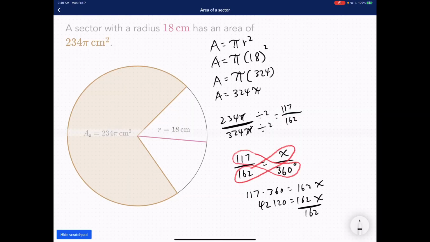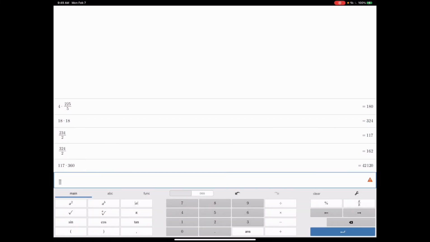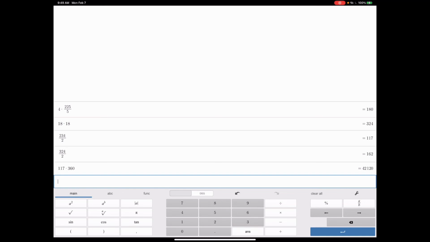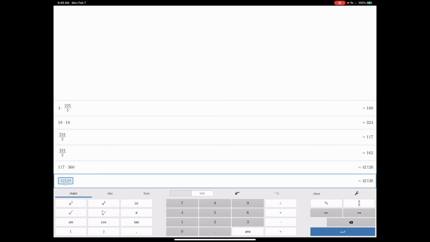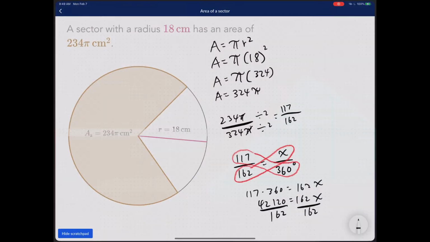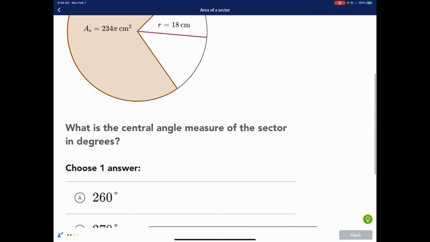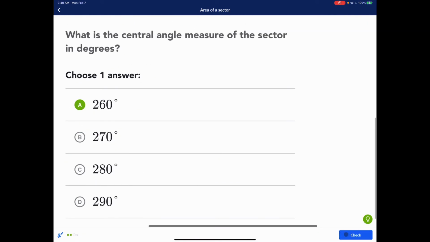Divide both sides by 162, and then we got 260 is equal to x. So this central angle, which is represented by x degrees, is 260, apparently. So let's try. I'm gonna say 260 degrees, and voila.